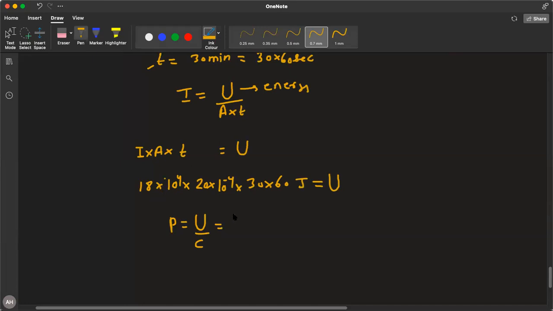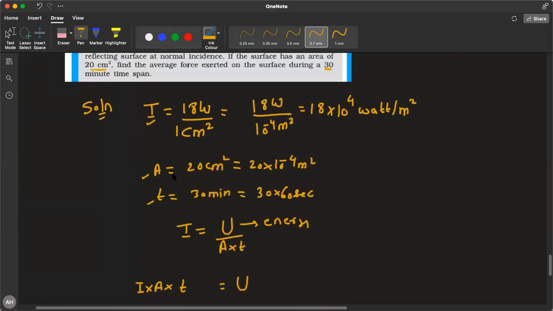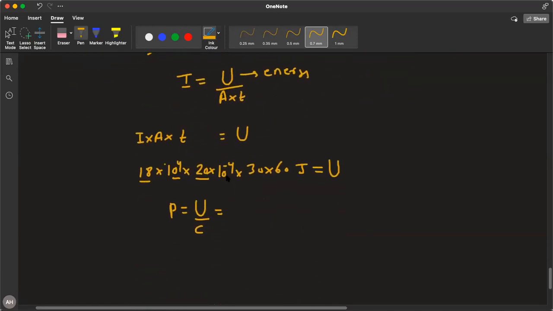So this is energy of EM wave, 18 into 10 raised power 4. We can solve it. So that is 18 into 20, 10 raised power 4 minus 4 will be 0.